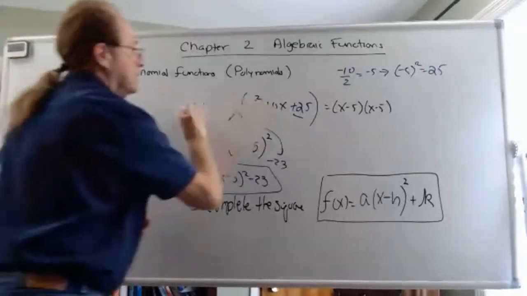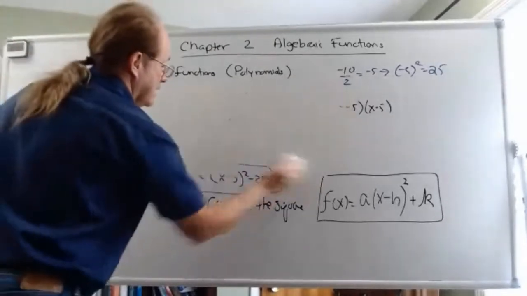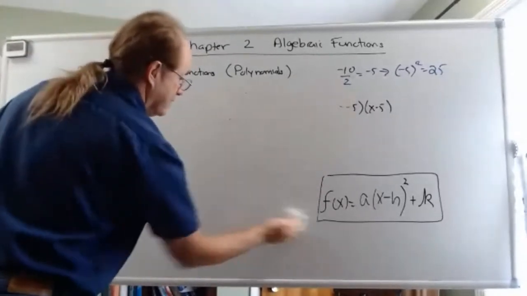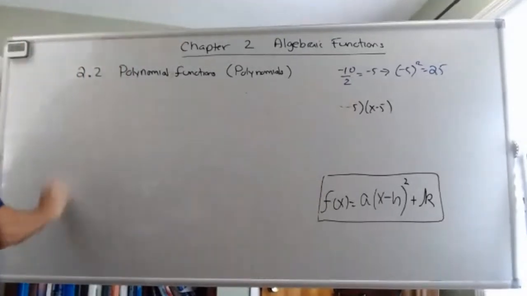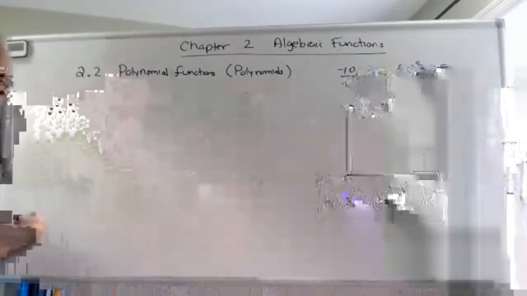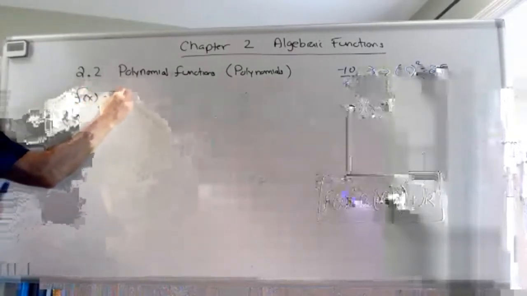And talk about what the h, k, and a actually mean. So here again, I have my quadratic polynomial function, a(x minus h) squared plus k. What does a, h, and k represent?